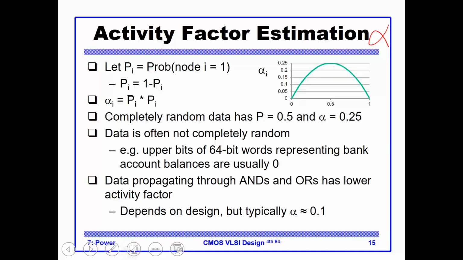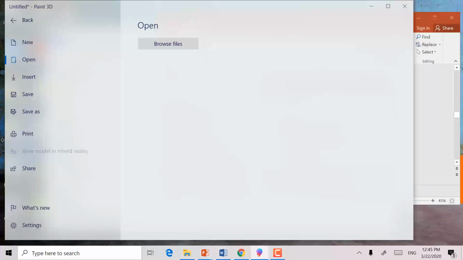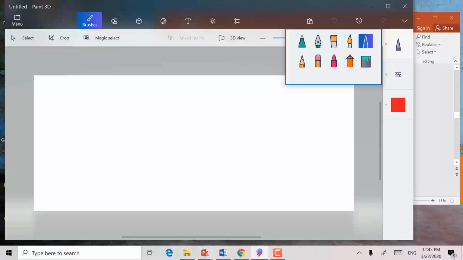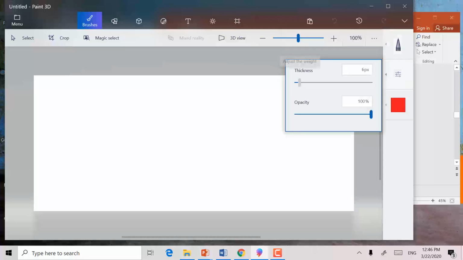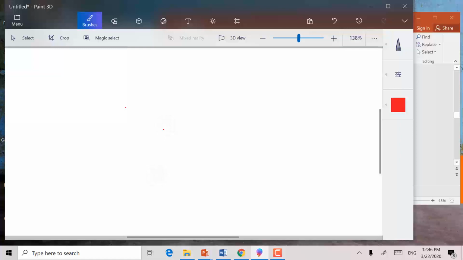Typically, let's say you have a NAND gate here with inputs A and B, and output F, so this is A NAND B. What we are trying to discuss here is how we can estimate the activity of this output signal given the probability of the input signals.